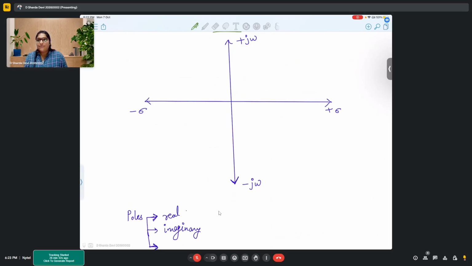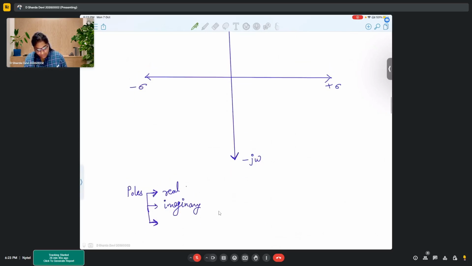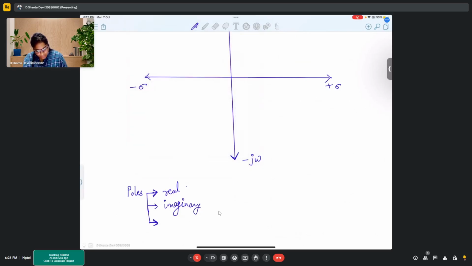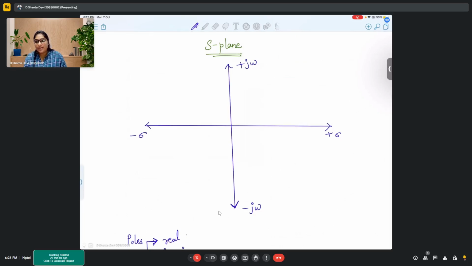If your poles come only on the y-axis, that is the j omega axis, then your poles are imaginary poles. And the third is you have a conjugate pair, which will be of the form sigma plus j omega, right? So when these kind of poles are there, that means they will come somewhere in between.